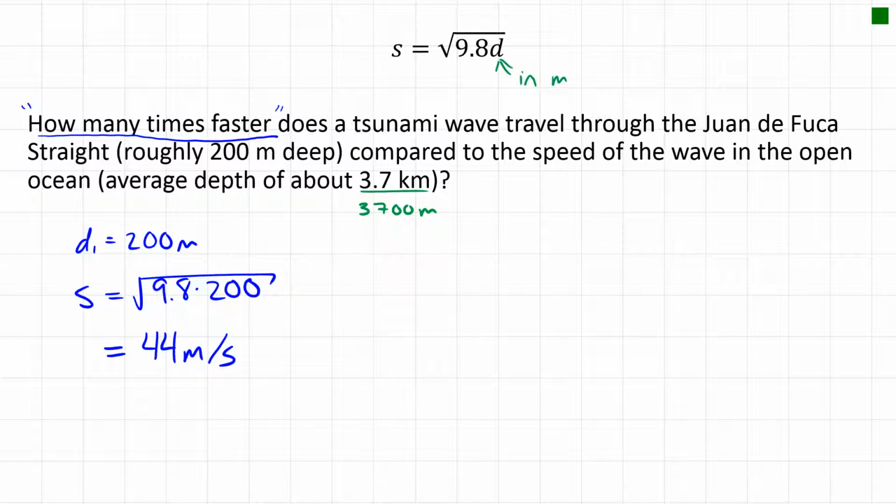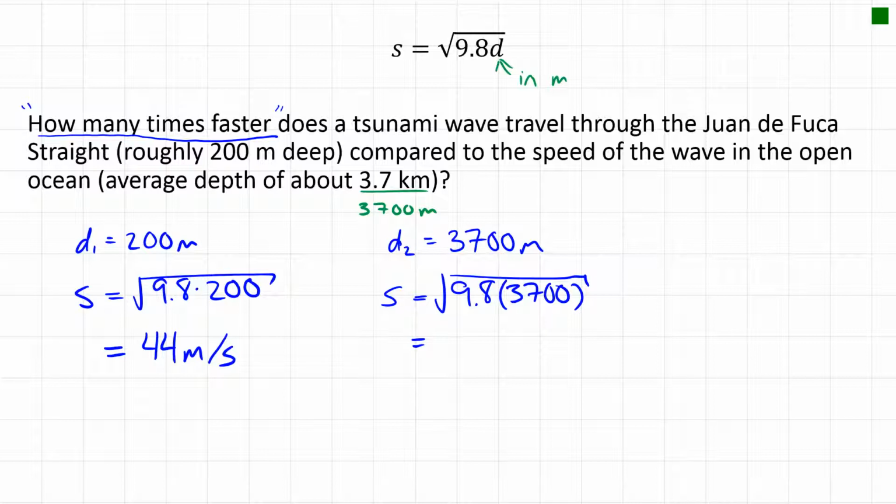And the speed of the wave in the open ocean, we'll call that D2, for 3,700 meters, the speed there would be the square root of 9.8 times 3,700. Again, doing this in my calculator. And actually, I'm going to adjust this 44 meters per second.